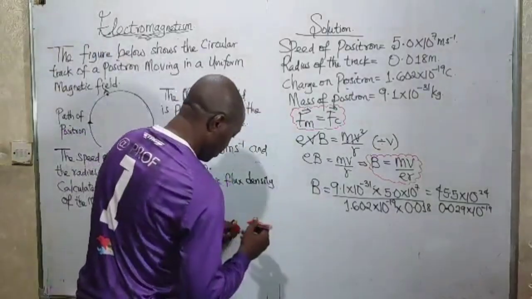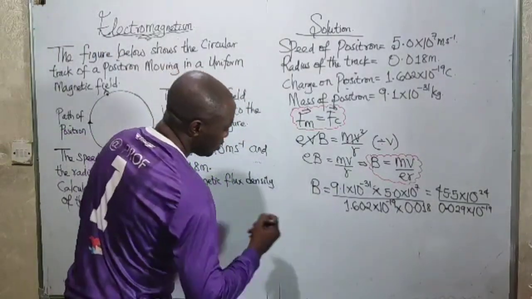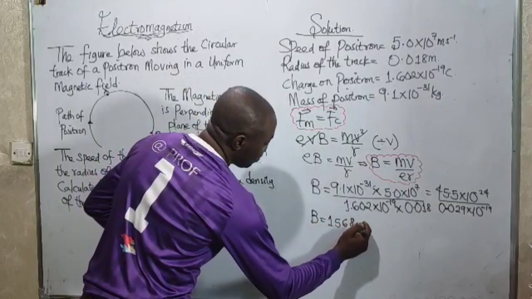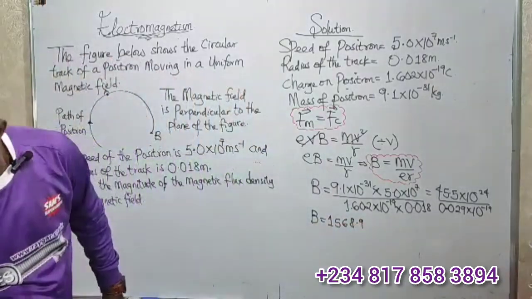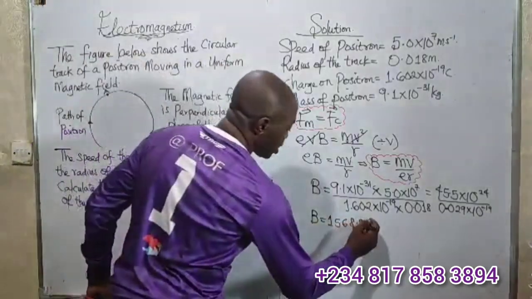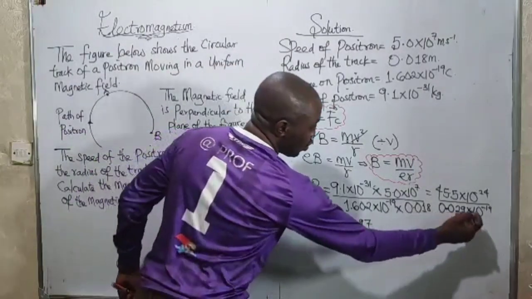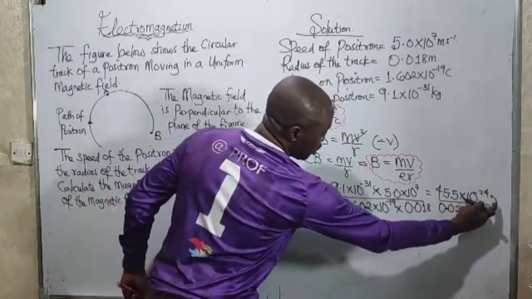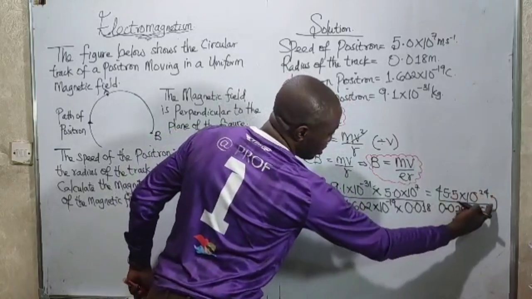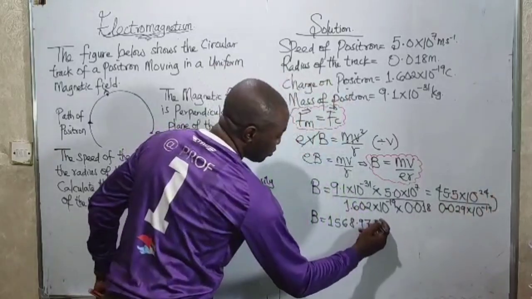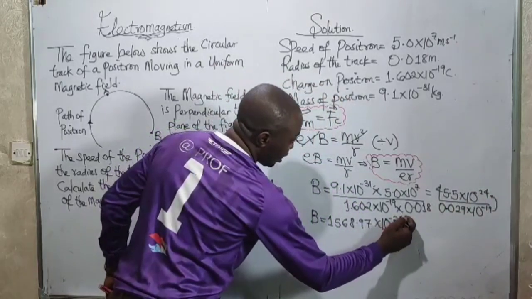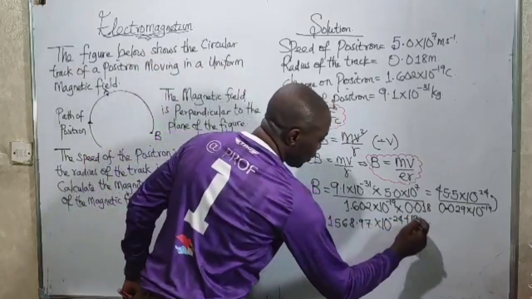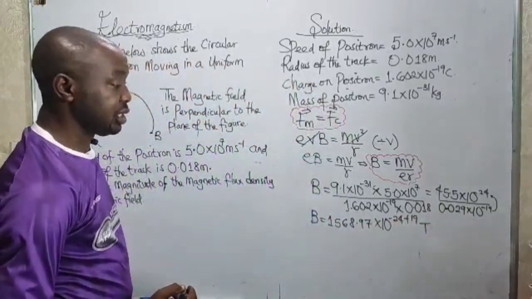So we have B equals 1568.97. When we bring the 10 to the power of minus 19 to the top, it becomes positive 19. So we have 10 raised to the power of minus 24 plus 19. Remember, the unit of magnetic flux density is the Tesla.